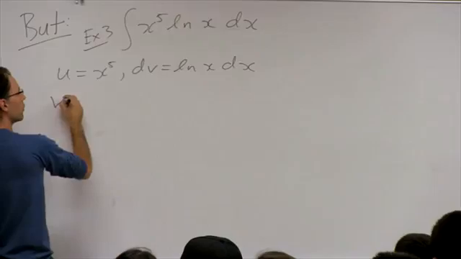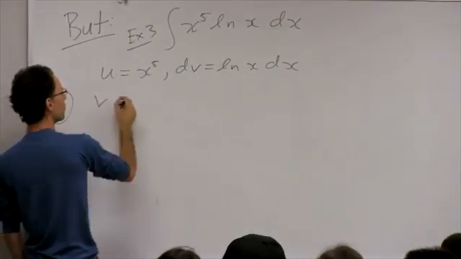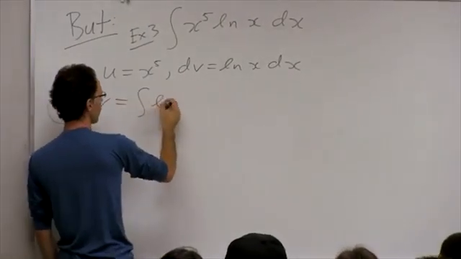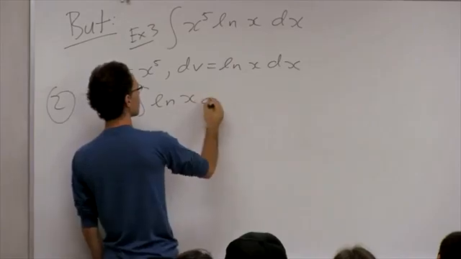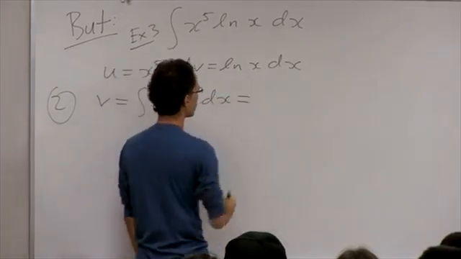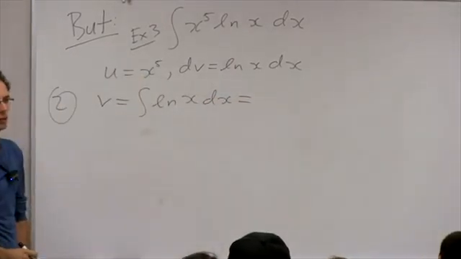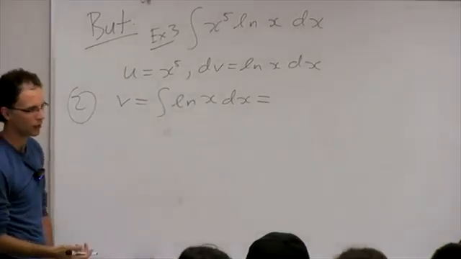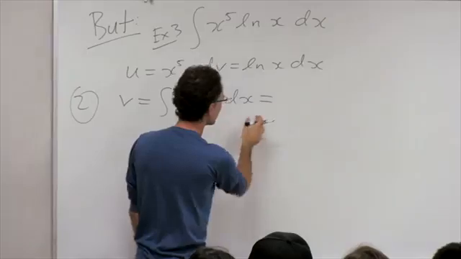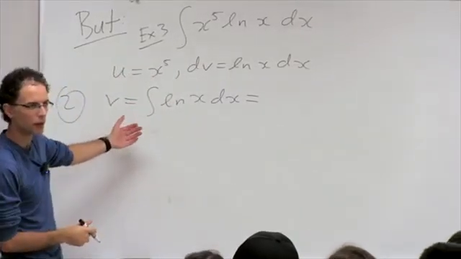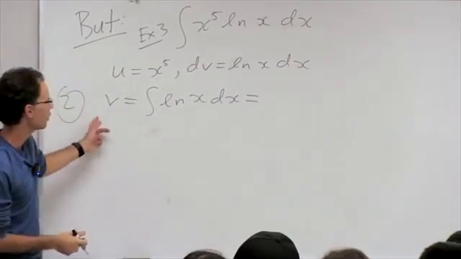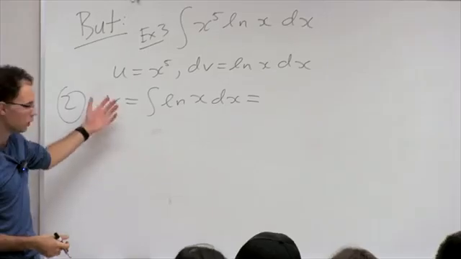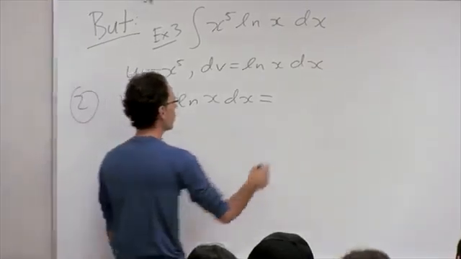And then if we compute in step 2 what v is, it's the integral of natural log of x dx, which is, well, I don't actually know what it is. Well, okay, I know what it is, I think. Some of you may not know what this is, and you'd be stuck at this point, because you can't proceed any farther. You don't know a closed form expression for v.